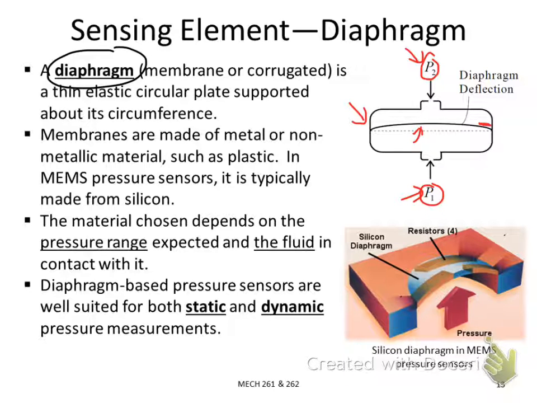In terms of the material of this diaphragm, you can choose different types of materials, but the material selection usually depends on the desired measurement range, the pressure range, and also sometimes this diaphragm will be in direct contact with some fluids.